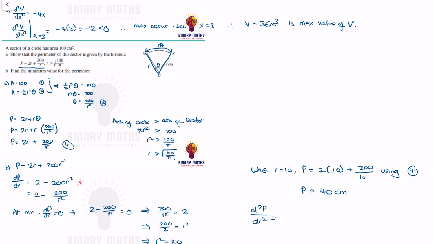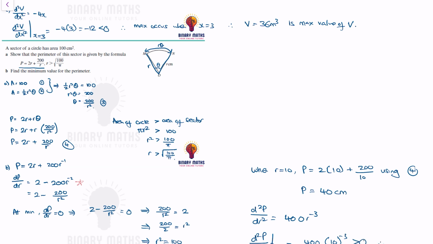So when I differentiate it, I get positive 400 r to the minus 3, and d squared P over dr squared at r equal to 10 is going to be equal to 400 times 10 to the minus 3, which is going to be greater than 0.